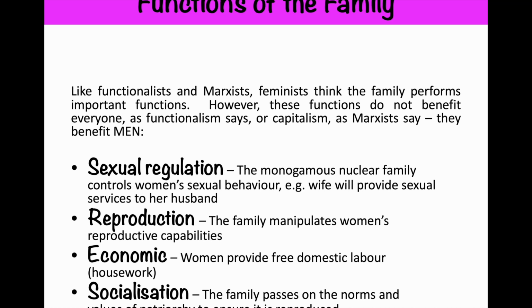Women provide free domestic labour, which is one of the economic functions of the family. And socialization: the family passes on the norms and values of patriarchy to ensure it is reproduced. So we learn patriarchal norms within the family, for a feminist.